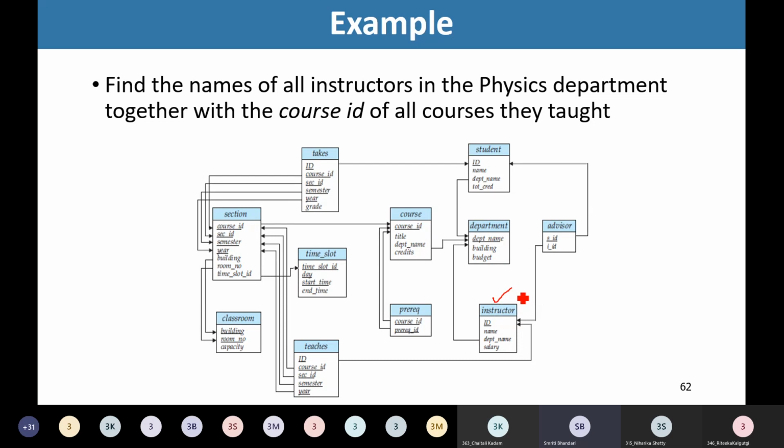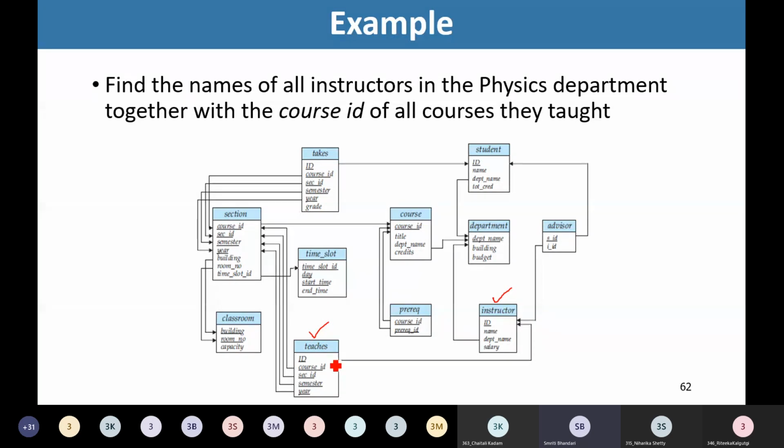But we want to extract the information about the courses, so we want to extract the course ID of all courses taught by the instructors in the physics department. We have one more relation here, teaches. What have we stored in this relation?